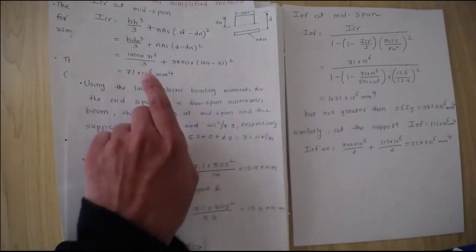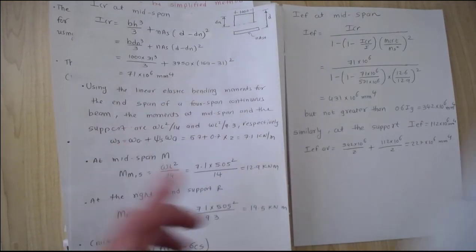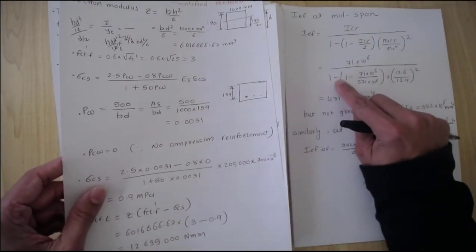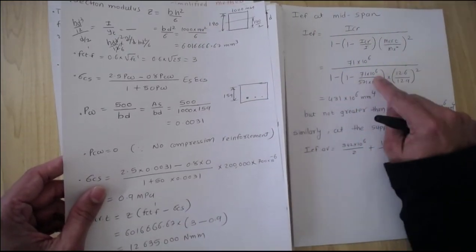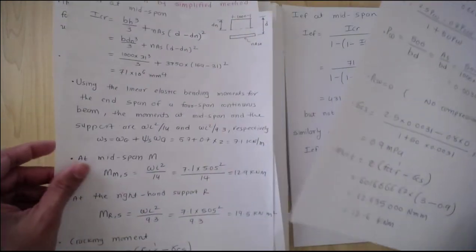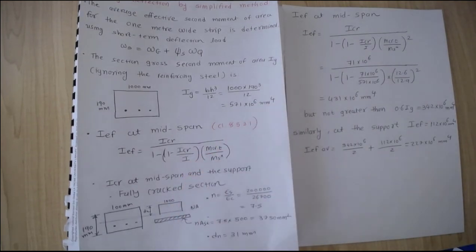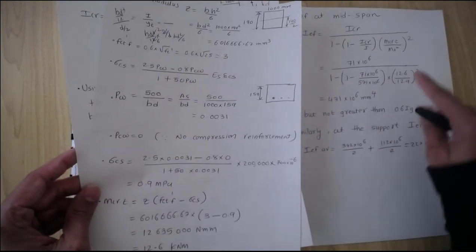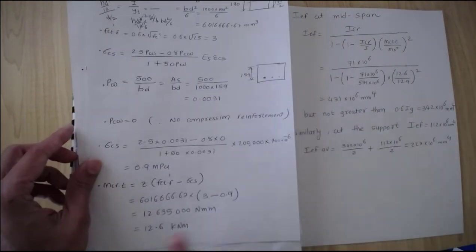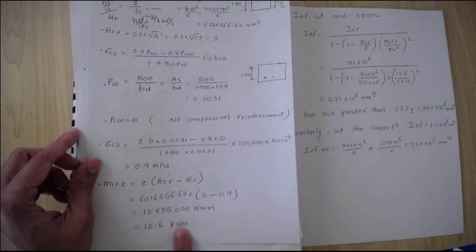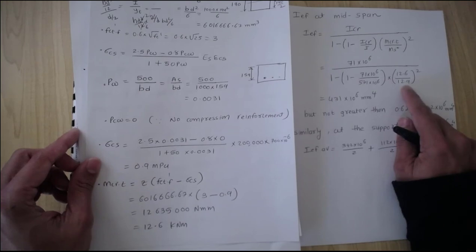I can show you where we calculated the Icr, 71 times 10 to the power 6, that I substitute, 1 minus Icr over Ig. We calculated Ig in the previous video, 571 times 10 to the power 6, times the cracking moment, 12.6 kilonewton meters over 12.9.